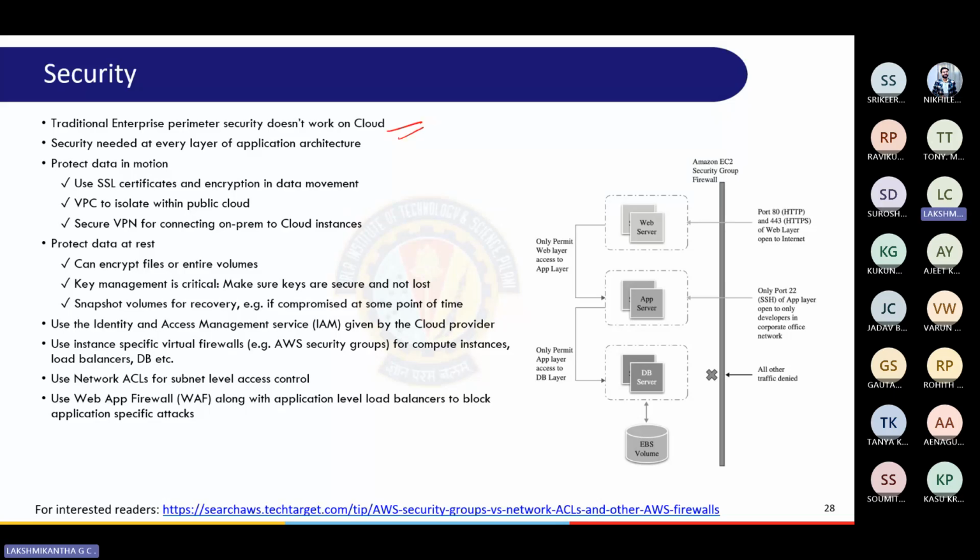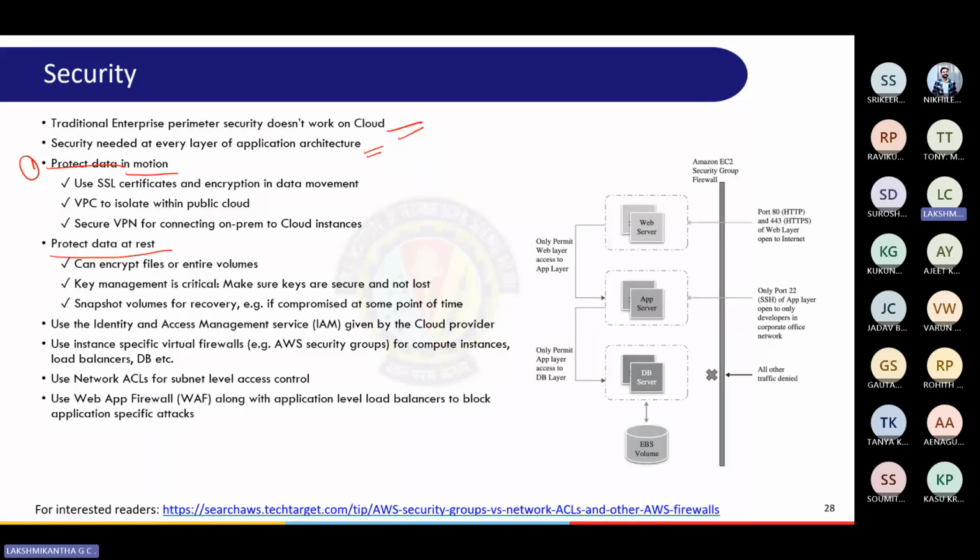So security needs to be integrated at every layer of the application architecture. We must focus on two things. The very first is to protect data in motion. And the second one is to protect data at rest.